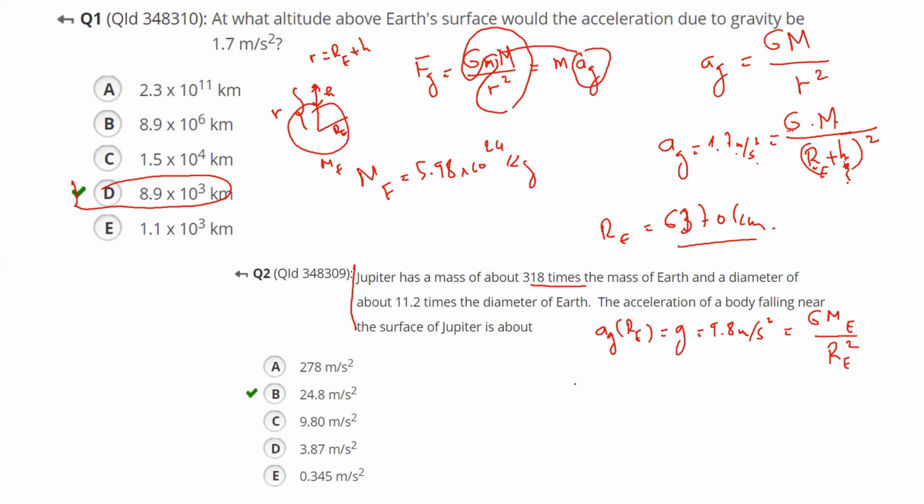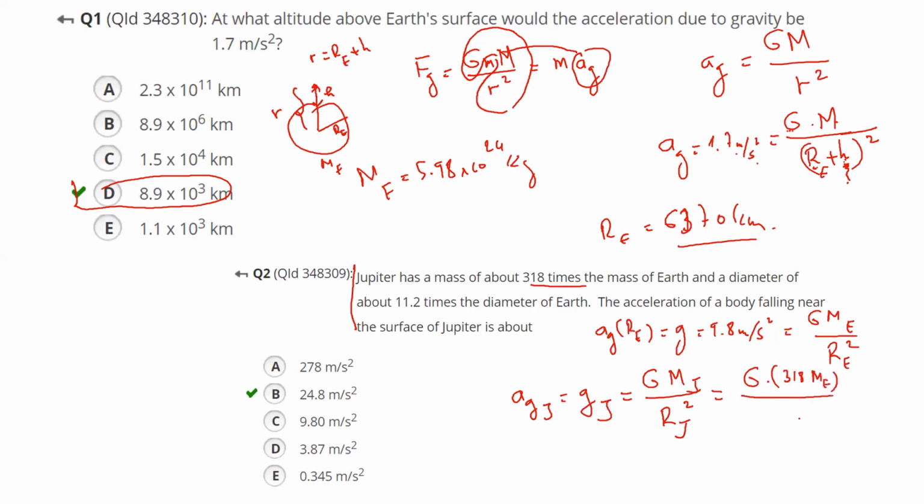Now I want to calculate it at Jupiter. So I call it ag Jupiter or g Jupiter. Of course, it will be G, mass of Jupiter, divided by radius of Jupiter squared. I know G, mass of Jupiter, you know it, 318 times mass of Earth.